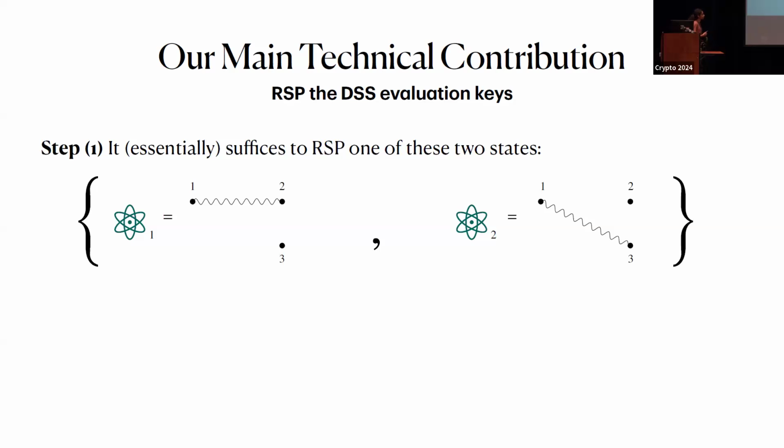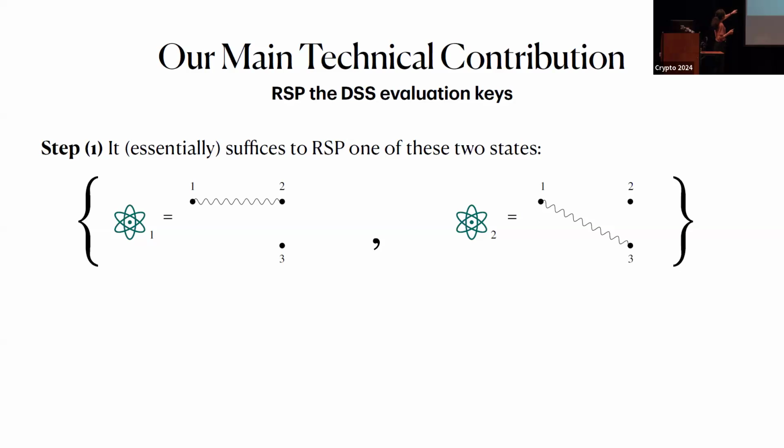Okay, so let me tell you a bit more about how we prove this. Our first observation is that even though the DSS evaluation key is really complicated to describe, and I won't get into it, it suffices to RSP one of these two states.